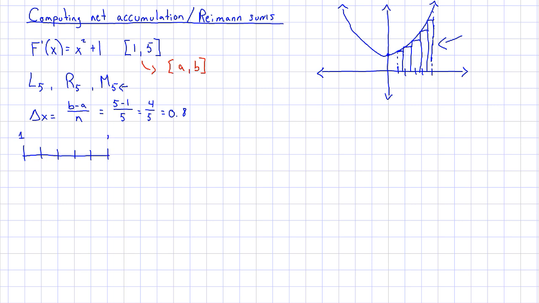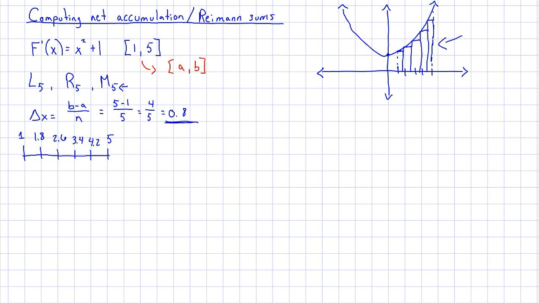The last one is going to be 5, and then the numbers in between will be increasing by my delta x. So I'll have 1.8, 2.6, 3.4, 4.2, and then 5. So those are the x values that are going to define my intervals there.